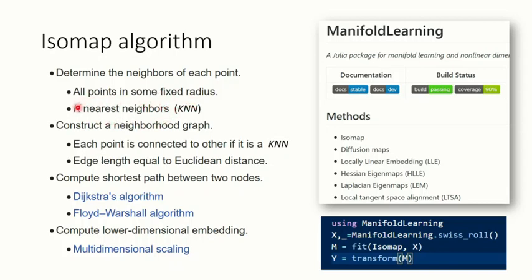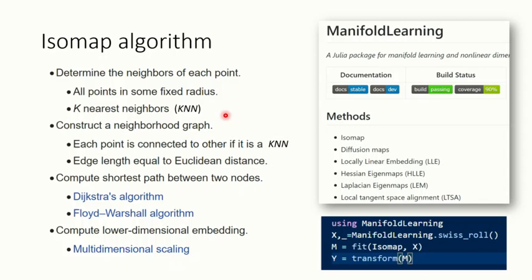The most common approach is to build this KNN network, K nearest neighbors. K is a hyperparameter you have to define. If you want to use K equals 4, then each data point will find 4 nearest neighbors and make a link.